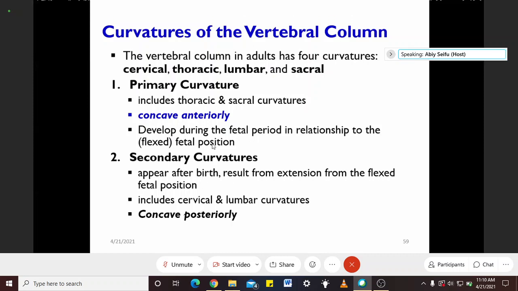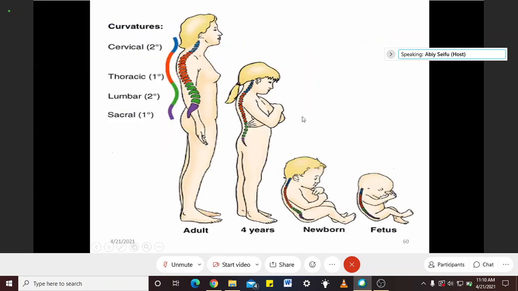Before birth, the position of the fetus or the embryo has a single curvature. You see, this one is the fetus before birth. This is a curvature that develops before birth, which is the primary curvature.